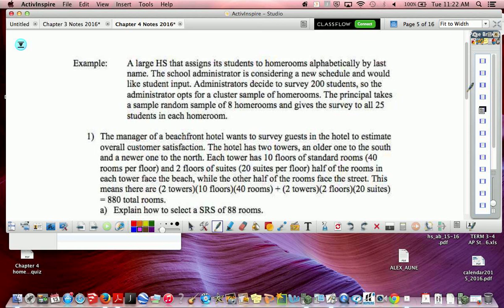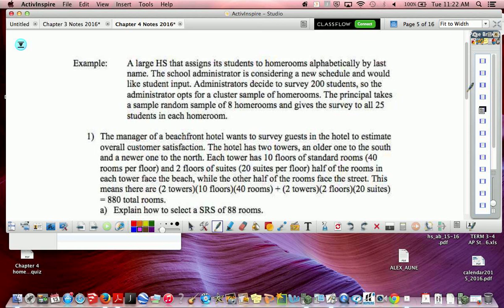This is actually going back to what we were doing yesterday. First thing we want to do is label. So we're going to assign each of the 880 rooms a number. How big of a digit number should we use? 3 digits, from 001 to 880.